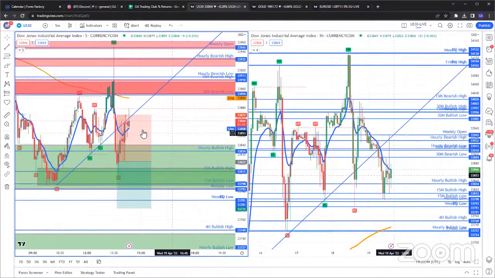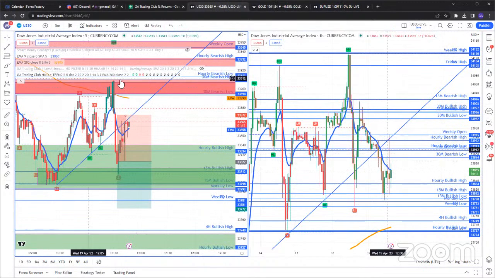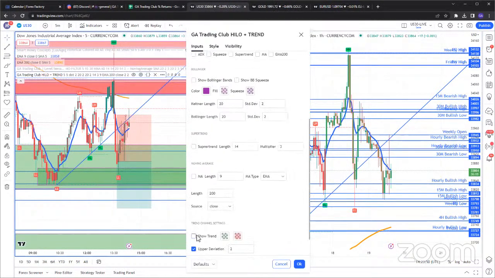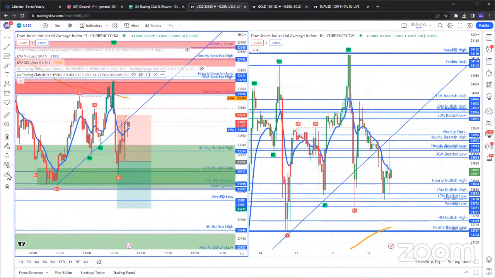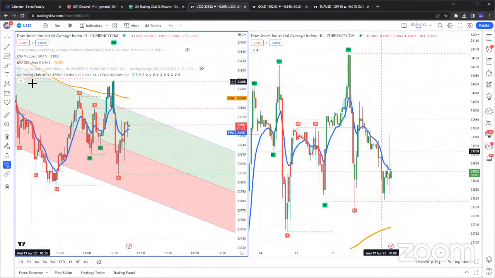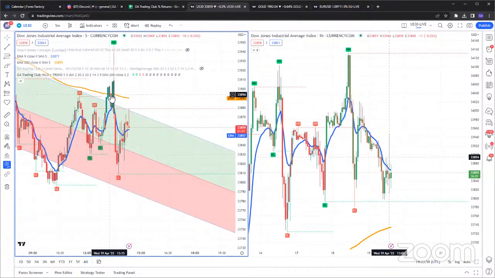US 30, pretty sure US 30 is pretty much 50-50 at this point, because US 30 is in a bullish channel, actually. Yeah, but right here, US 30 is just consolidating.